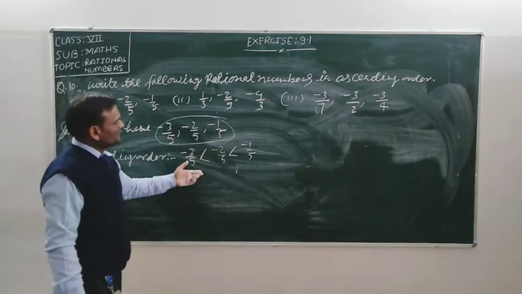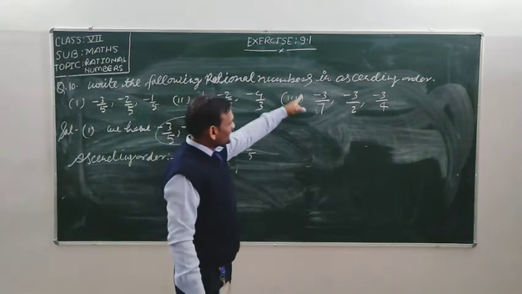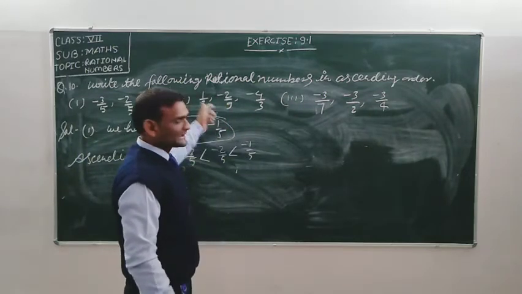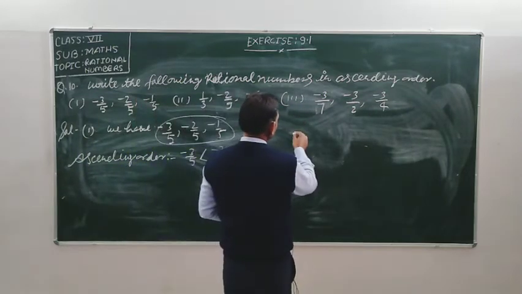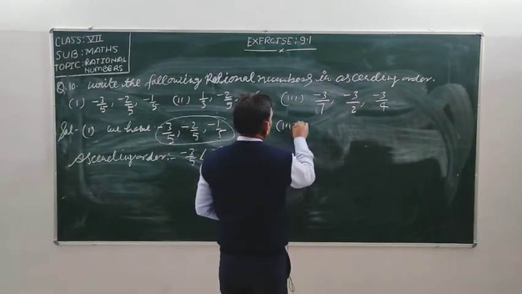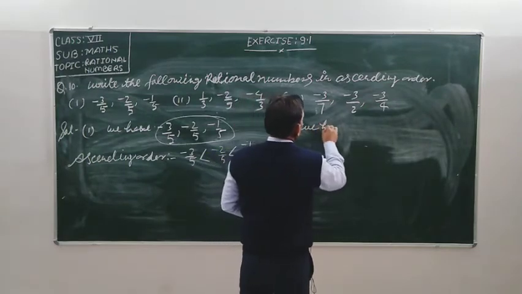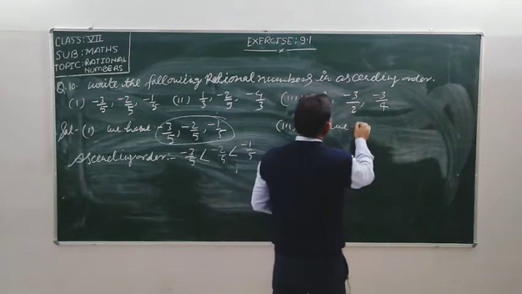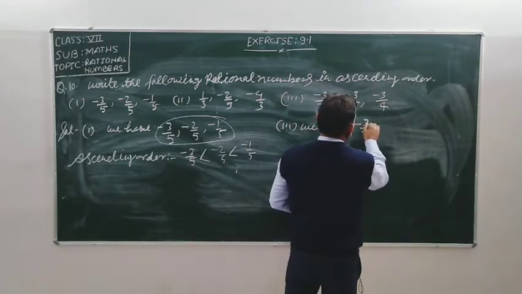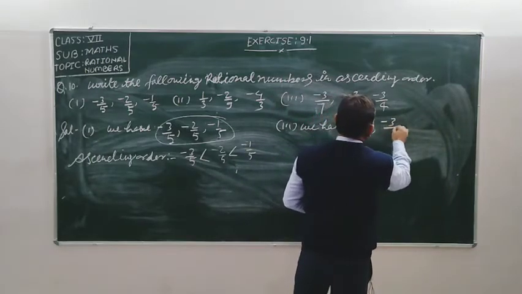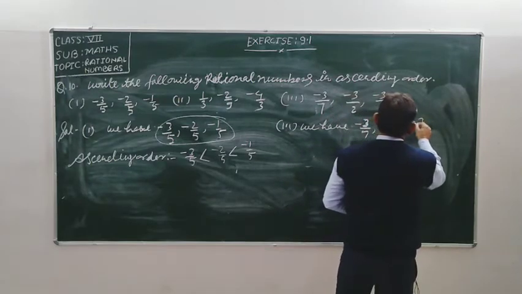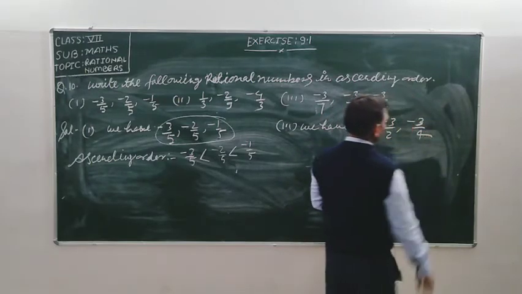Very easy question. I am taking the first part 3. After this we solve the part 2. Part 3, student. Third is we have minus 3 upon 7, minus 3 upon 2, minus 3 upon 4.